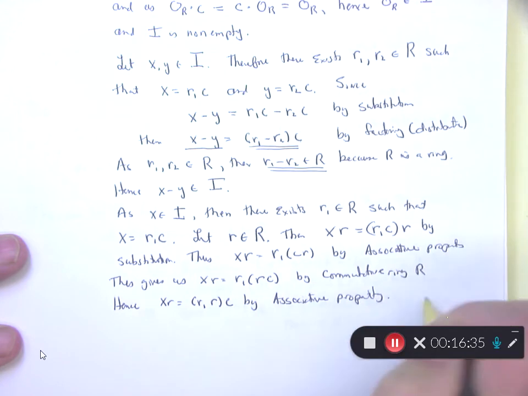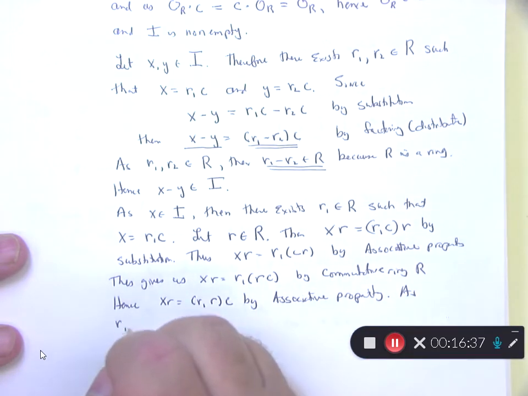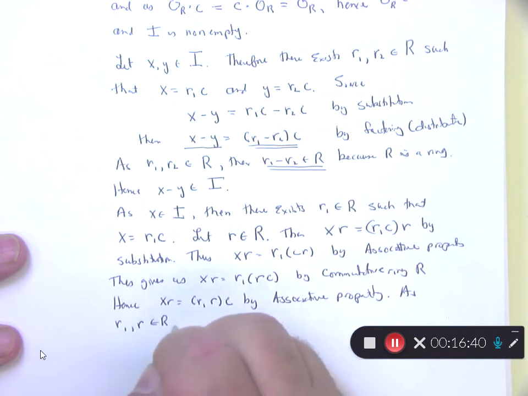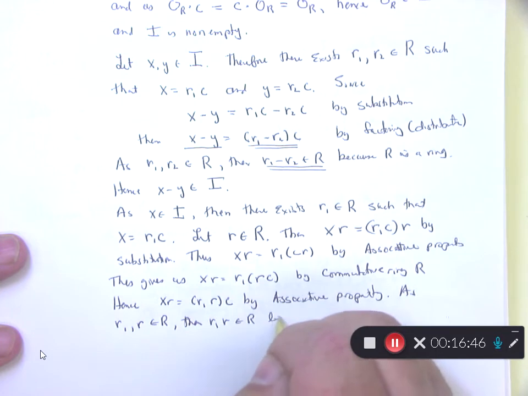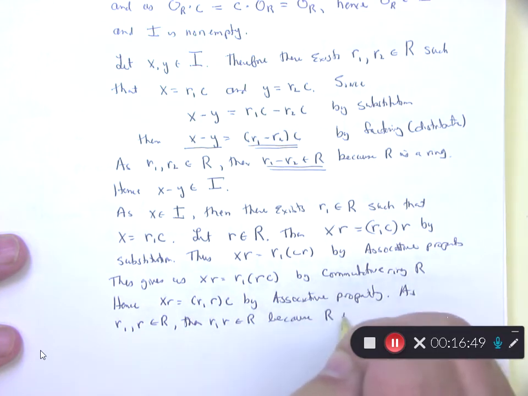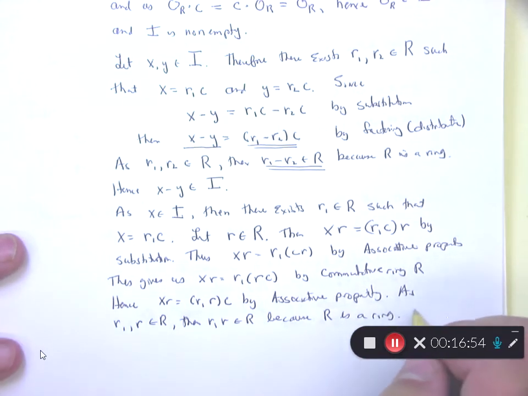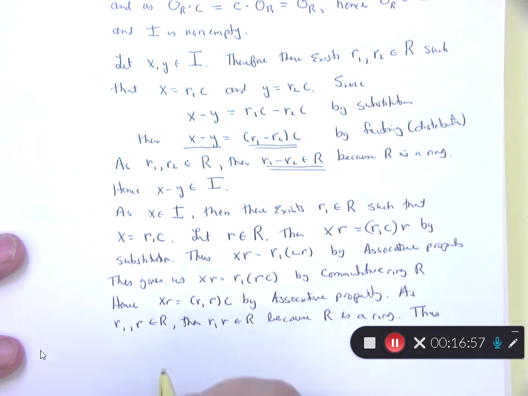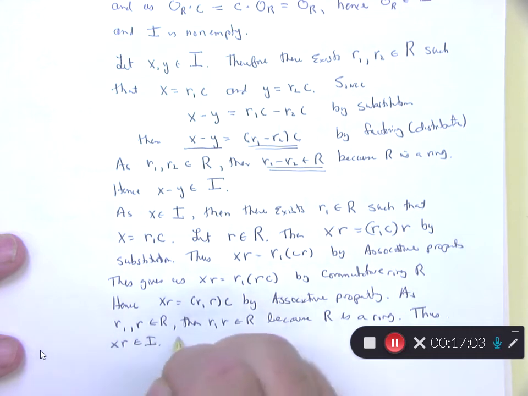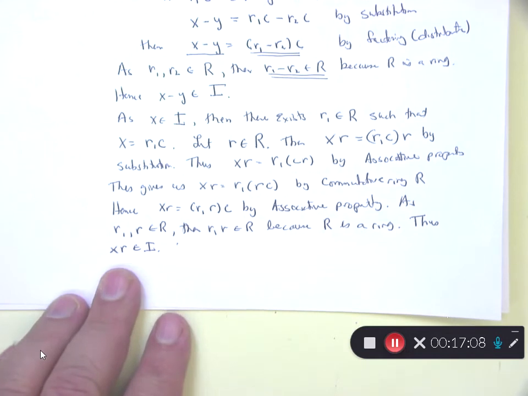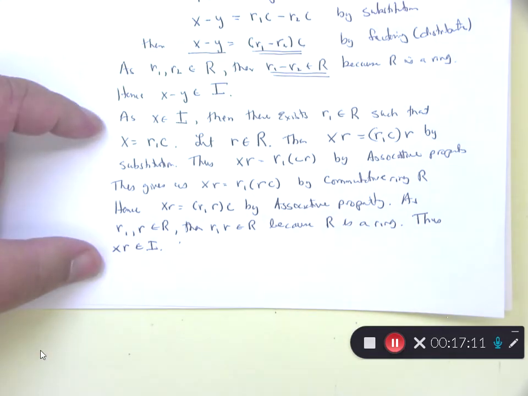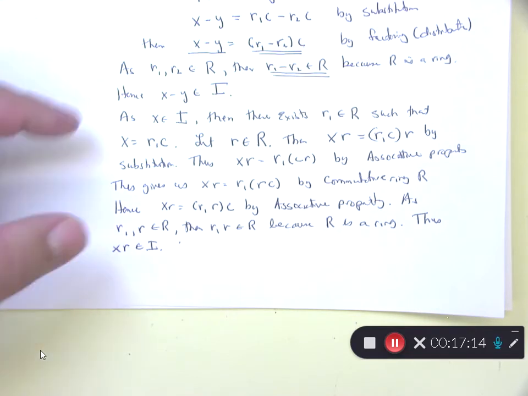Now let's finish it up. Well, as r1 and r are elements of R, then r1 times r is an element of R because R is a ring. Thus, x times r is an element of I. But because I have a commutative ring, I don't have to redo this entire statement again. If I didn't have a commutative ring, I actually would, I'd have to reverse the order.